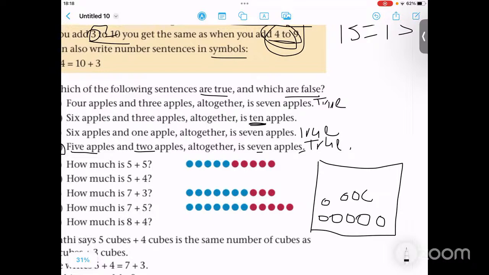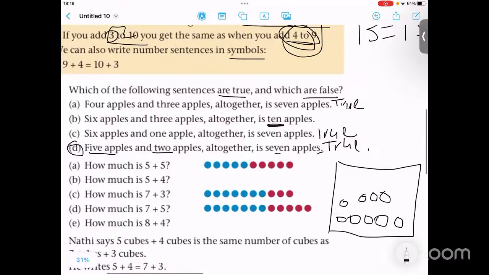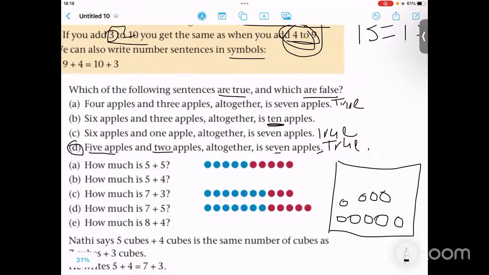How much do we have now when we add 6 and 3? 9, ma'am. 9. Perfect. So which means the statement B is going to be false because 6 and 3 does not equate to 10. So this is going to be false.